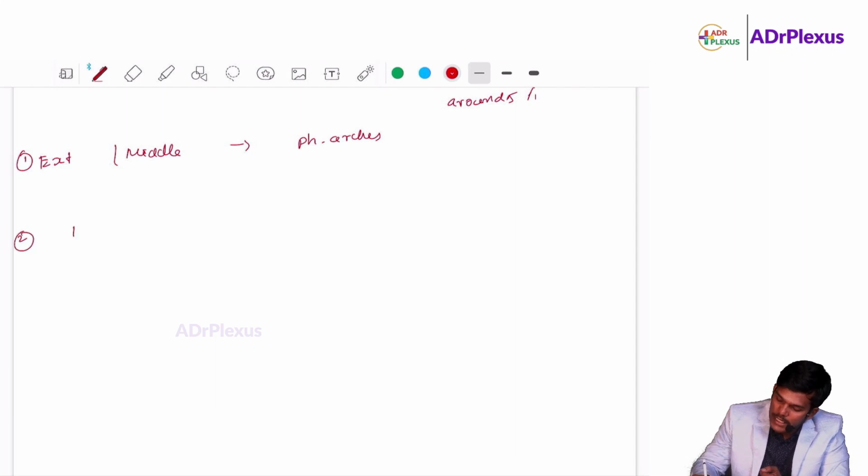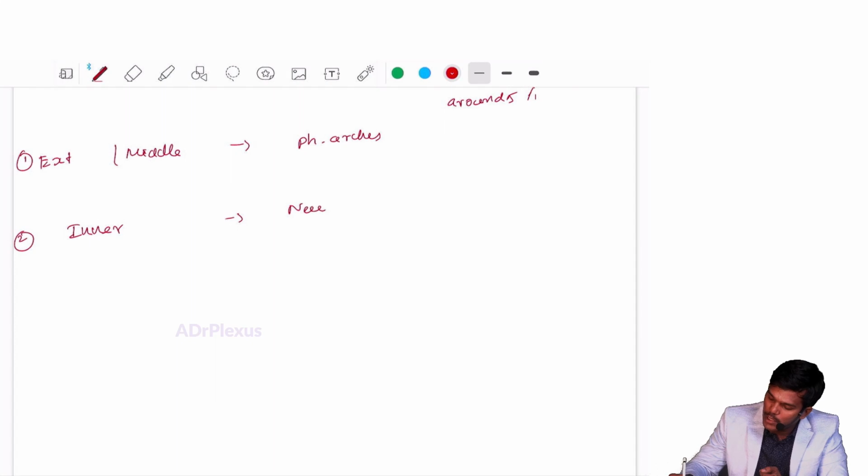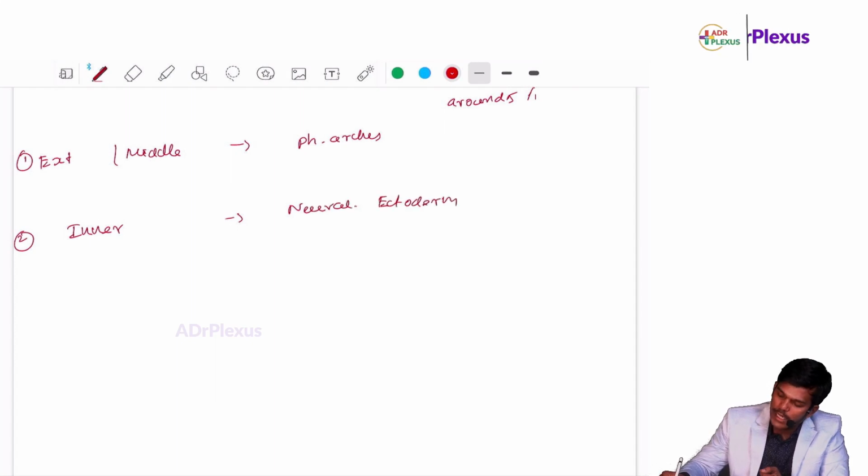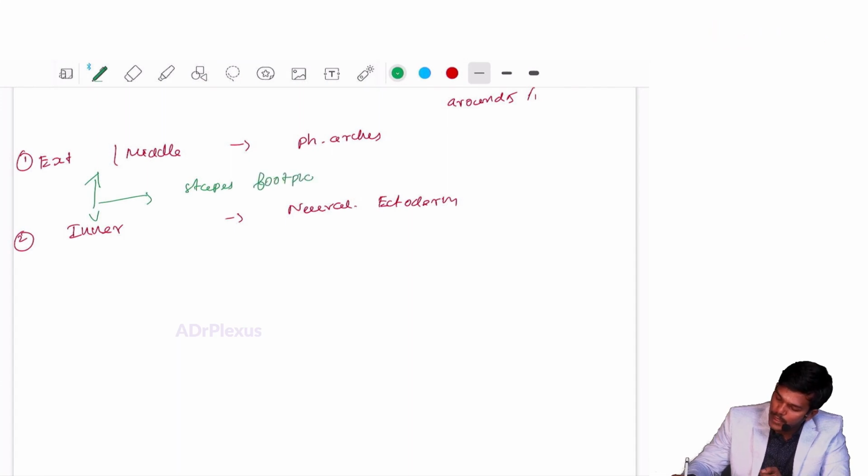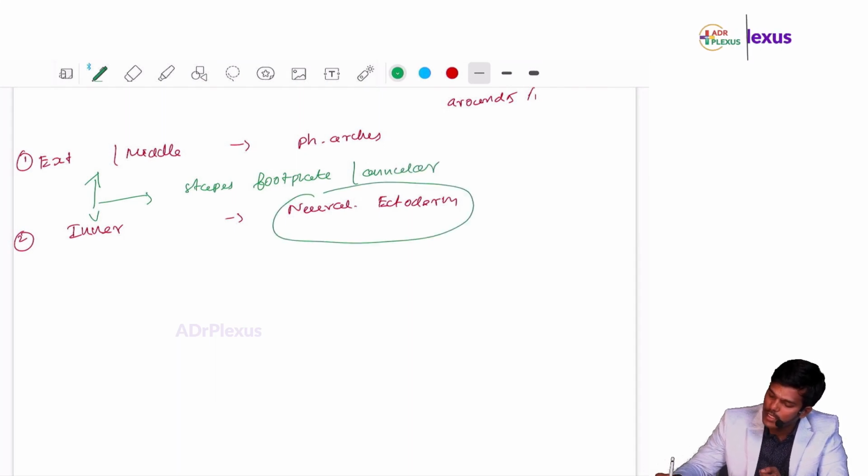Then the inner ear forms from the neural ectoderm. At the meeting point of these two, it is the stapes footplate and annular ligament. So it is also formed from neural ectoderm, that is the otic capsule.